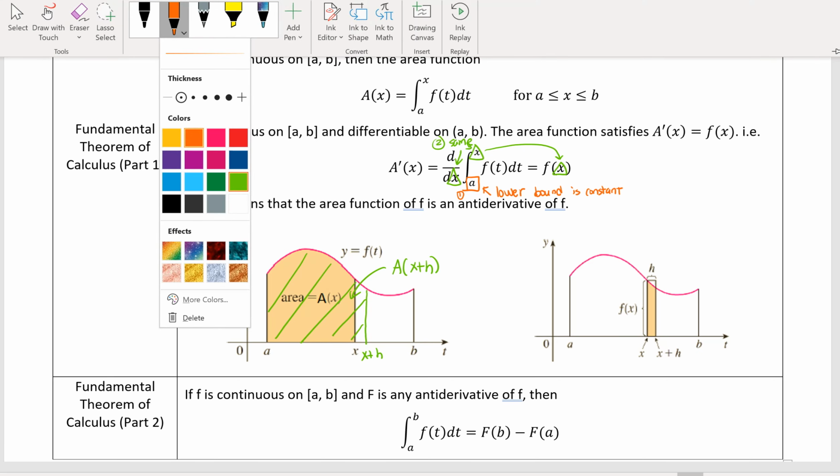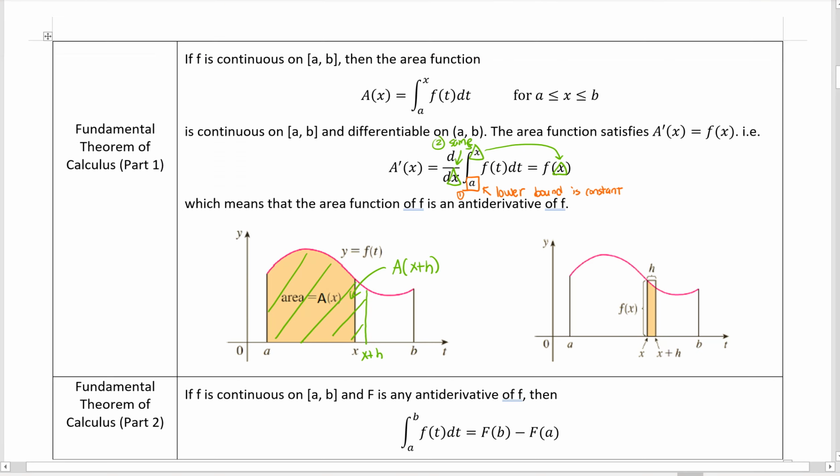This little strip is actually A of x plus h minus A of x. Right? It's the green area minus the orange-yellow area. It's this thin area.